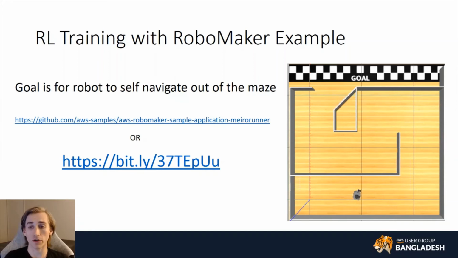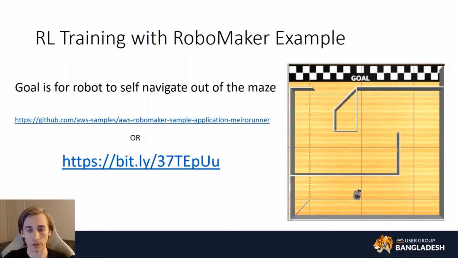So you can see here in the image, and we'll see this in the demo, the robot down in the bottom of the picture navigating through the maze, and we'll walk through one, how to set this up, and two, what the simulation itself looks like. And so I'll give you guys another couple seconds to get the link, and then we'll switch over to that demo.